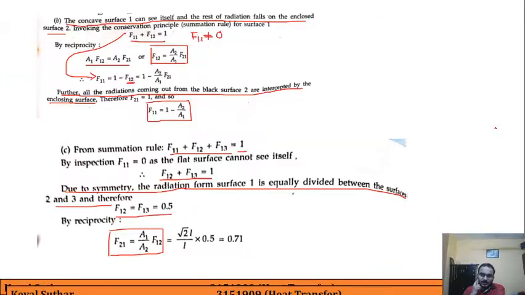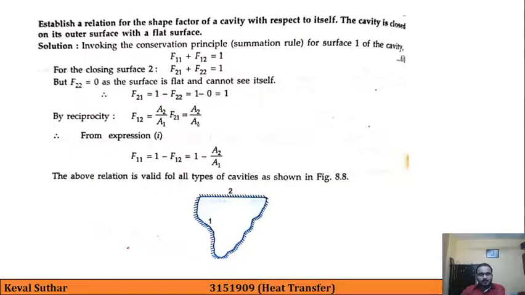So finally we are getting the value as square root of 2 into 0.5, so that will be 0.71. That is the value of the shape factor of surface 2 with respect to 1.